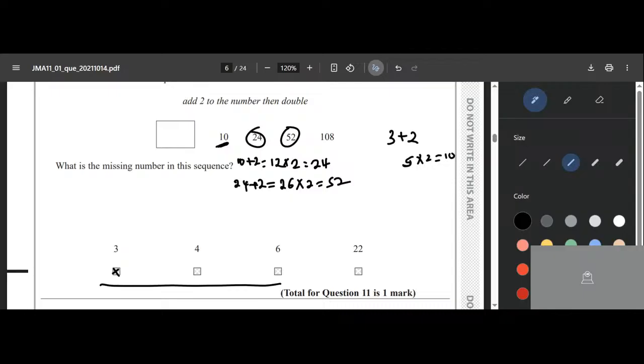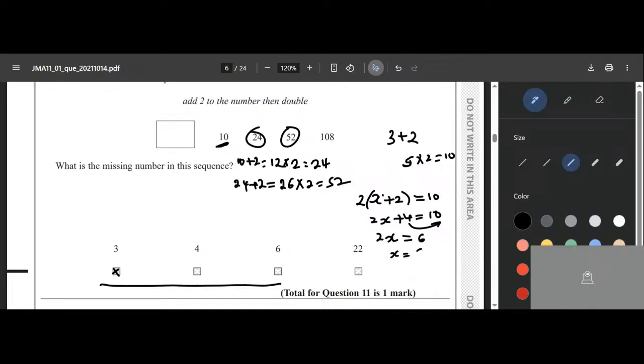What if I never wanted to use this method? You can use the formula. You can say, let me take the number to be x. So x plus 2, then if I double it, I'm supposed to be getting 10. So I have 2x plus 4 is equal to 10. Collect the like terms, 2x. This one will go to this side. So we have 6.